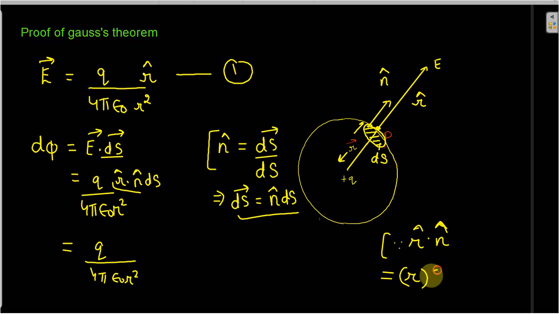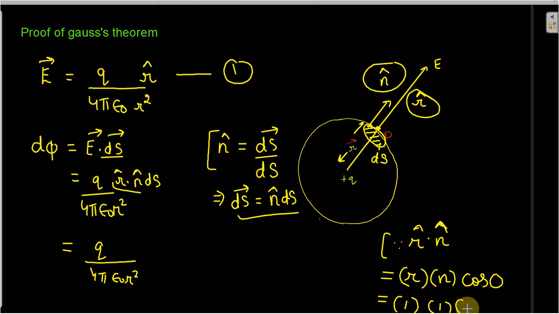So in this case A is your R cap, B is your n cap, and then cos theta. What is theta? Theta is the angle between R cap and n cap. Both are in the same direction, so the angle will be 0. And we know the magnitude of a unit vector is 1, so we will write 1 here, and cos 0 is also equal to 1. So R cap dot n cap is equal to 1. So we can substitute 1 and ds here.